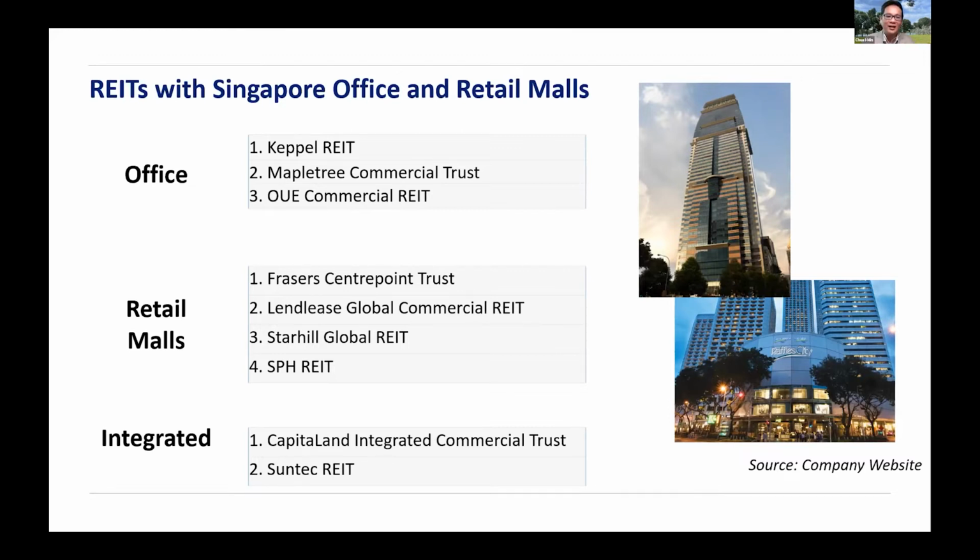That is a very classic example of having both the office and a retail element. At the same time, CapitaLand Integrated Commercial Trust has just merged. They used to be 2 separate entities. With this REIT, you'll be buying some of the major office buildings in Singapore and some of the largest retail malls in Singapore. This is what integrated does.